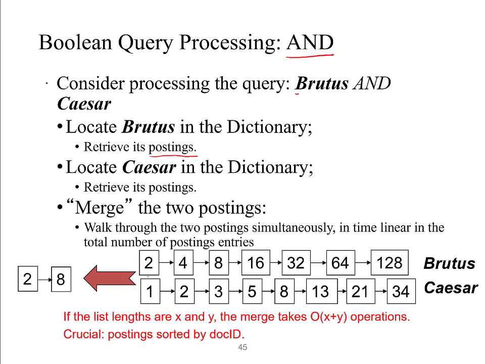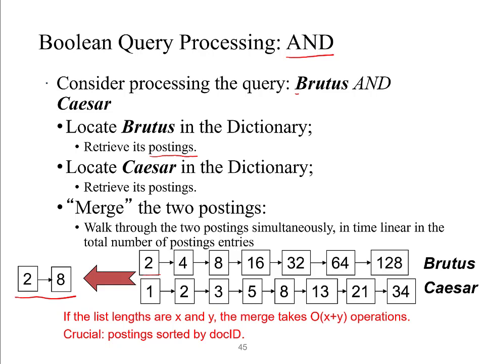I think the algorithm itself does not need further explanation, as you should know it from other courses like data structures. So we finally get the answer: 2 and 8. If the list lengths are x and y, the merge takes O of x plus y operations.